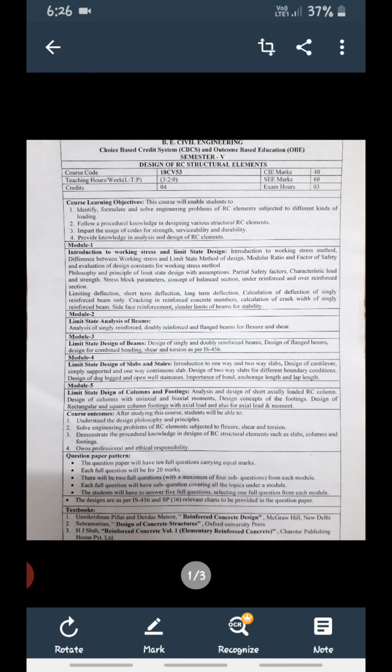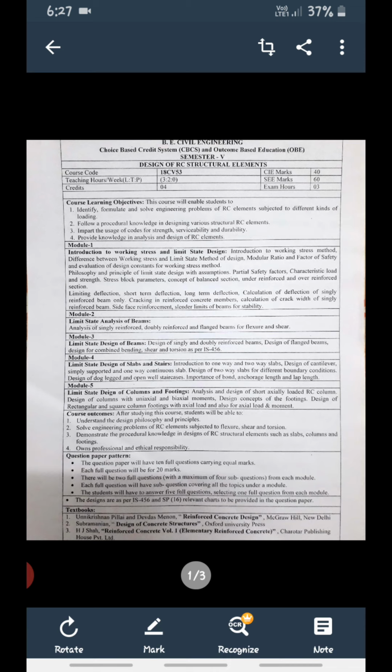So RCC is a combination of concrete and steel reinforcement. That is why it is called reinforced cement concrete. When you combine these two materials, they act together as a single material, and the compressive and tensile loads are shared by the concrete and steel.